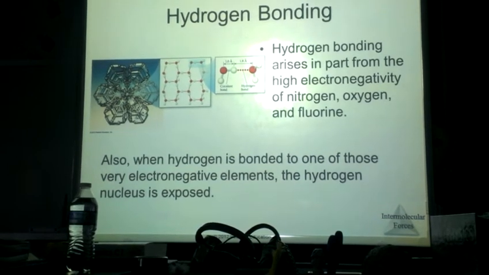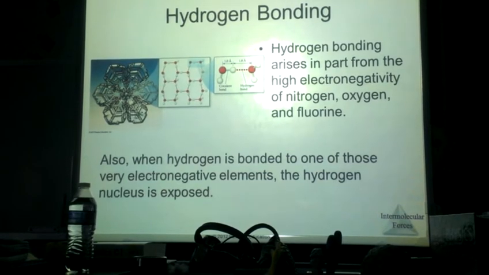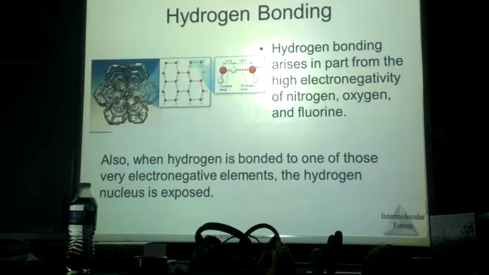We already alluded that hydrogen bonding arises in part from the high electronegativity of nitrogen, oxygen, and fluorine. And also when hydrogen is bonded to one of those very electronegative elements, the hydrogen nucleus is exposed. Like I said, it's technically a dipole-dipole interaction.